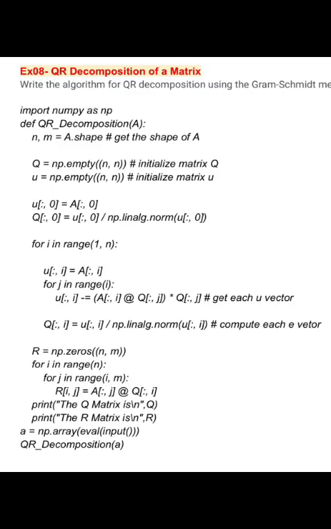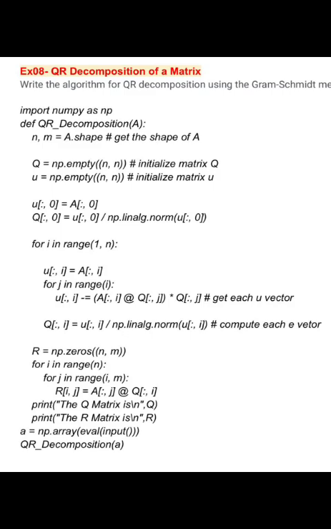The user input and function call: it takes the input from the user, whatever you want to give, converts it into a numpy array A, and calls the QR decomposition function with the variable to perform the decomposition and print the result. So the matrix A is decomposed into Q, which is orthogonal, and R, which is an upper triangular matrix.